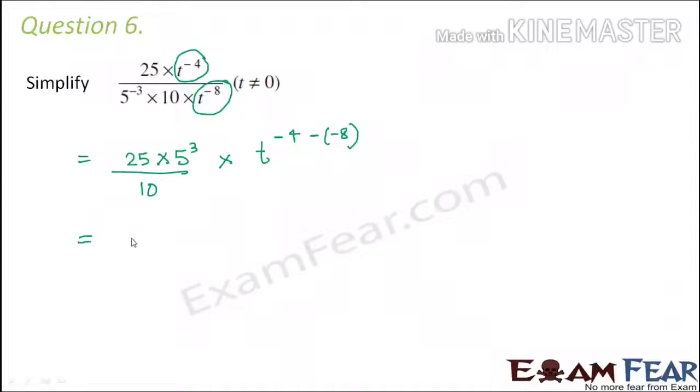So this becomes equal to 25 can be written as 5 to the power 2 into 5 to the power 3 divided by 10 into t to the power minus 4 plus 8. So here again same base, different exponent, and they are getting multiplied, so the exponents will get added.